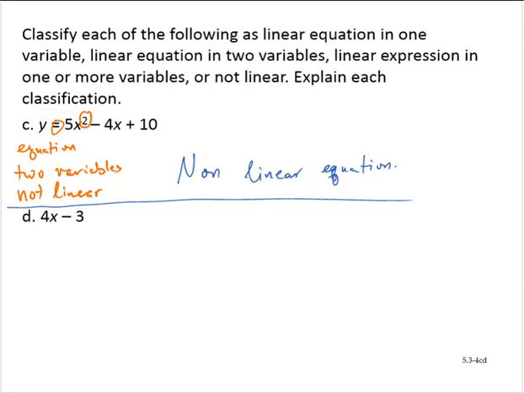And exercise D, we have 4x minus 3. So let's see, this is not an equation.